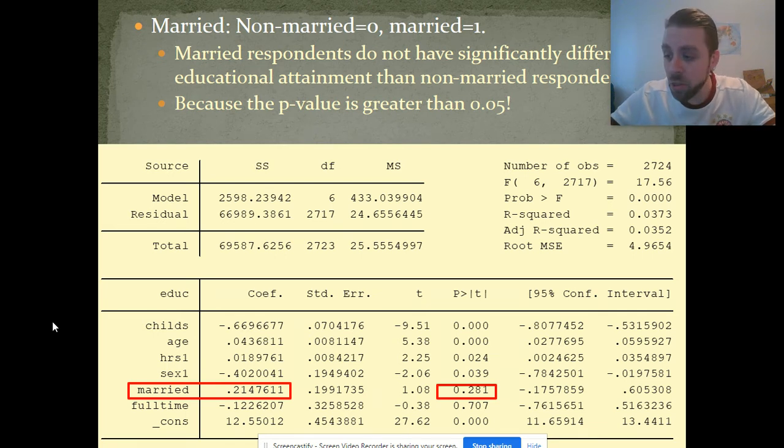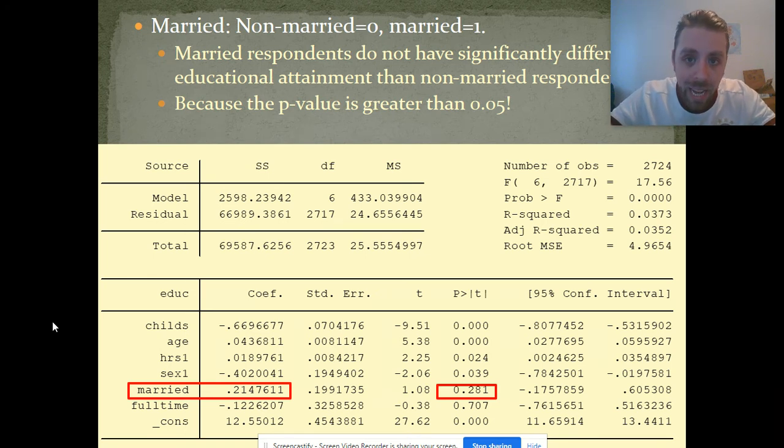But if you want the extra practice, if we just pretend that that p-value was pointing in a significant direction, how would we interpret this? Well, what's my reference group? My reference group is non-married individuals as coded as 0.